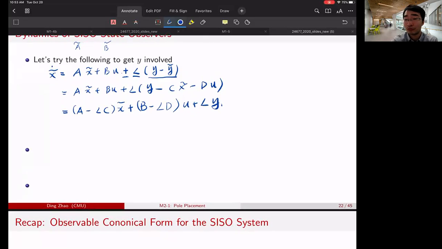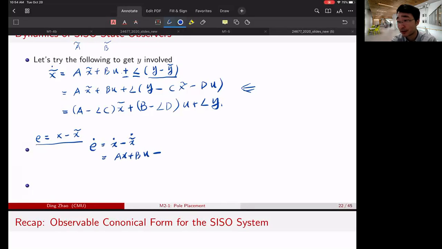Then I define E equal to x minus x tilde. This system looks already a little weird; it's not in our ABCD matrix form, so let me simplify that. E dot equals x dot minus x tilde dot. x dot is just Ax plus Bu.